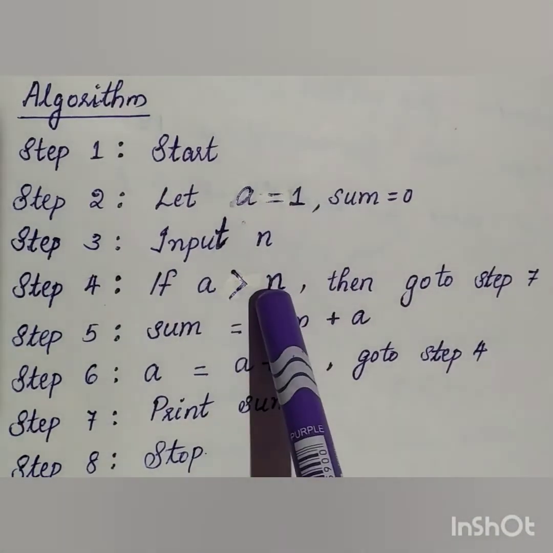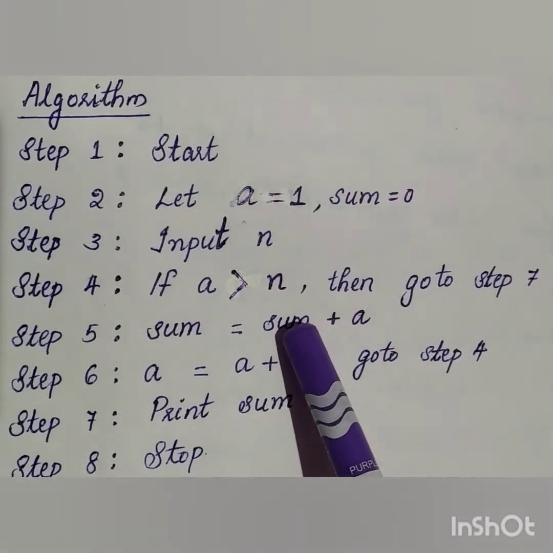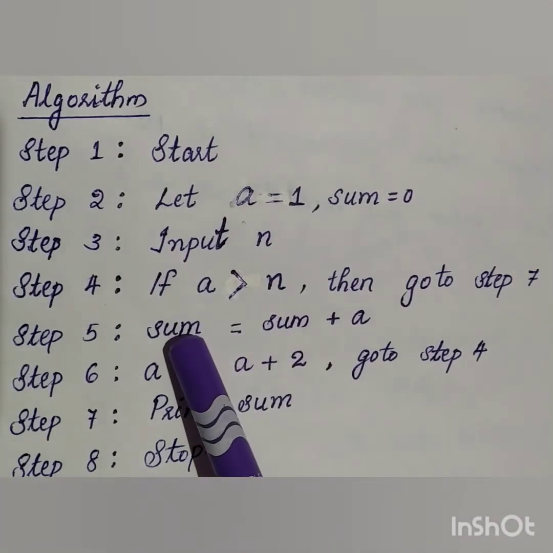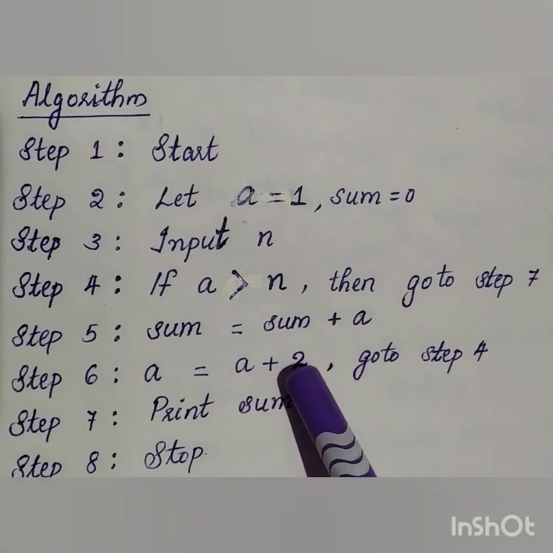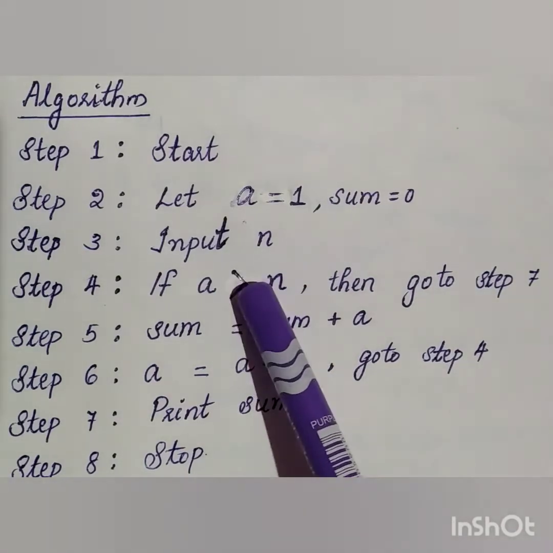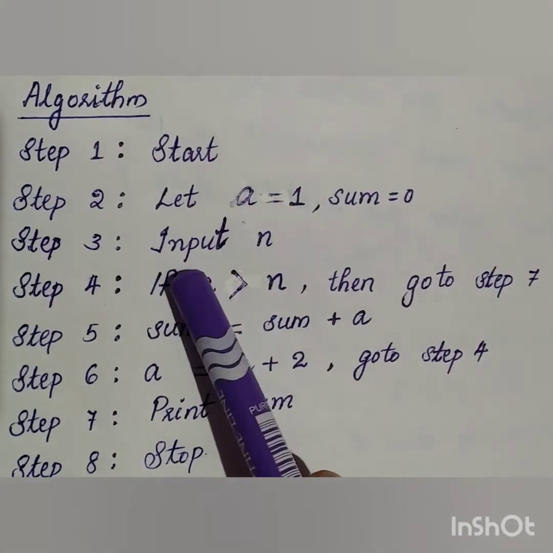Whenever this condition becomes false, the value of a and the current value of sum are added together and the result is stored back to the sum variable. Then a increments by 2. Then going to step 4. Again the condition is checked. If it is false, then it comes to step 5, then step 6, and again goes to step 4.